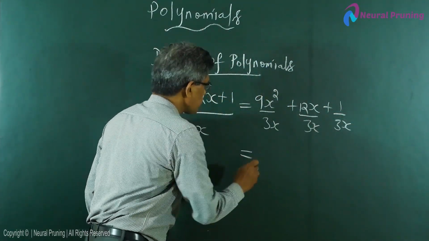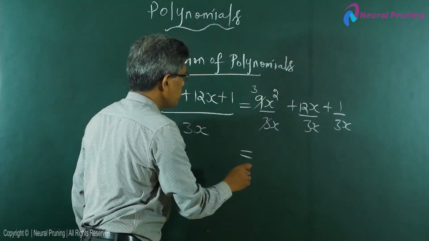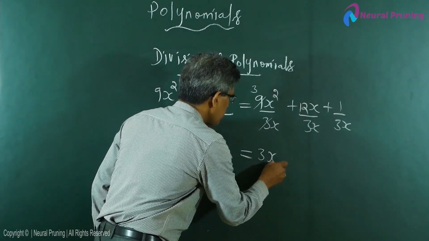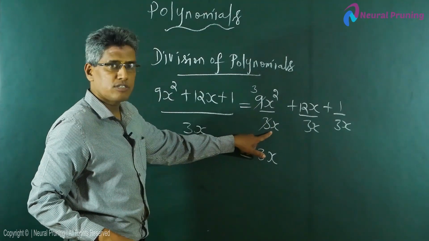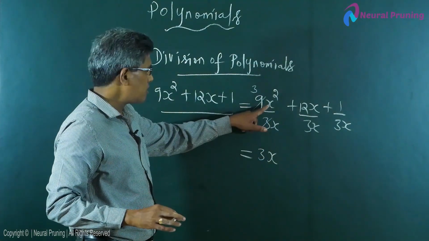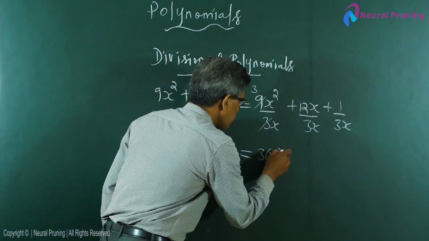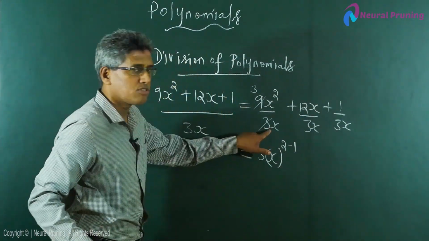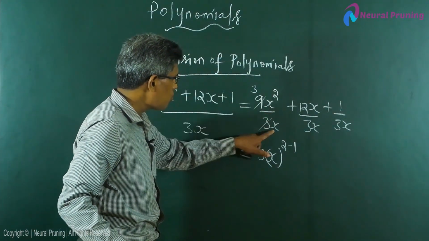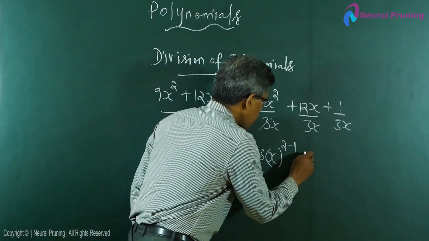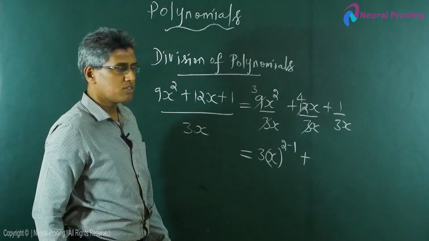Now 9x square by 3x is 3 goes 3 times, so 3x. Since x square is in the numerator and x is in the denominator, you have to subtract the exponents. That's what I have done. So this is x raised to the power 2 minus 1, followed by 3 goes 4 times in 12.